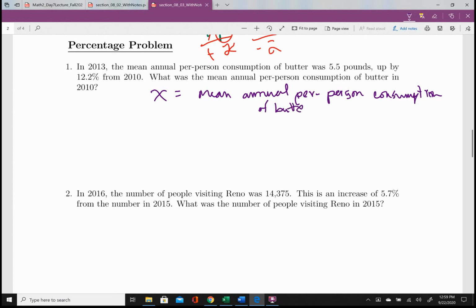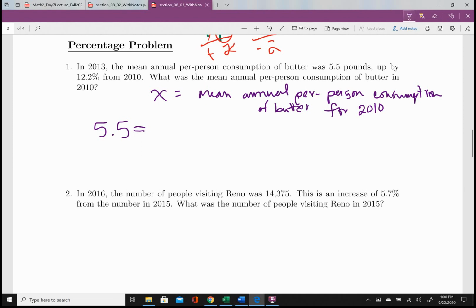Meant to be confusing. Okay, let's just say to ourselves we need to figure this out for 2010. All right, this whole thing is our unknown, and we're going to relate that to the 5.5 pounds, right? This 5.5 pounds is, always means equal sign, is 12, oops, sorry.